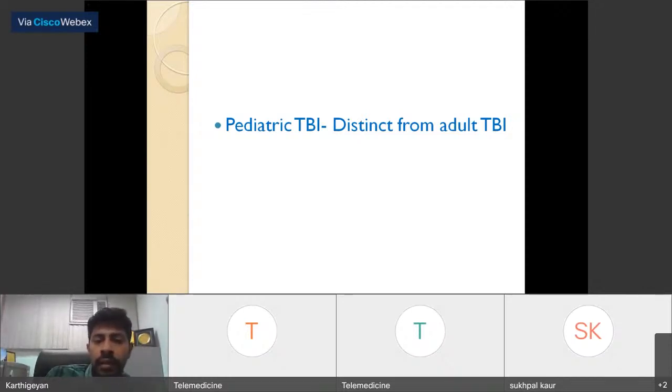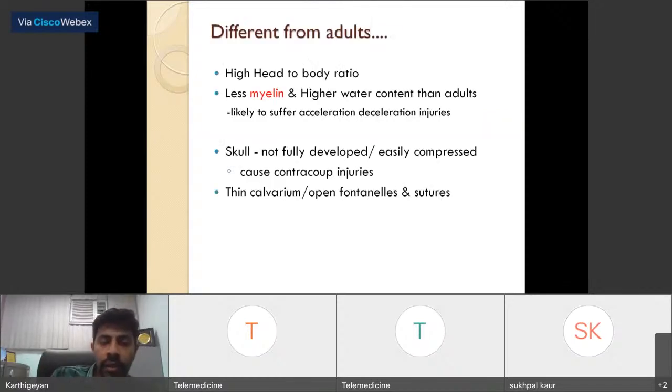With respect to TBI in children, the way we approach them, the method we examine them, the patterns of injuries, the management aspects, the specific imaging patterns and the prognosis all are different from that seen in adults.